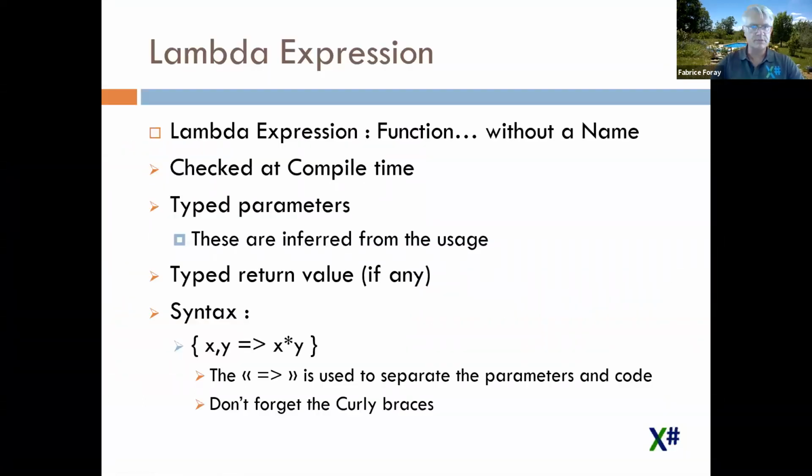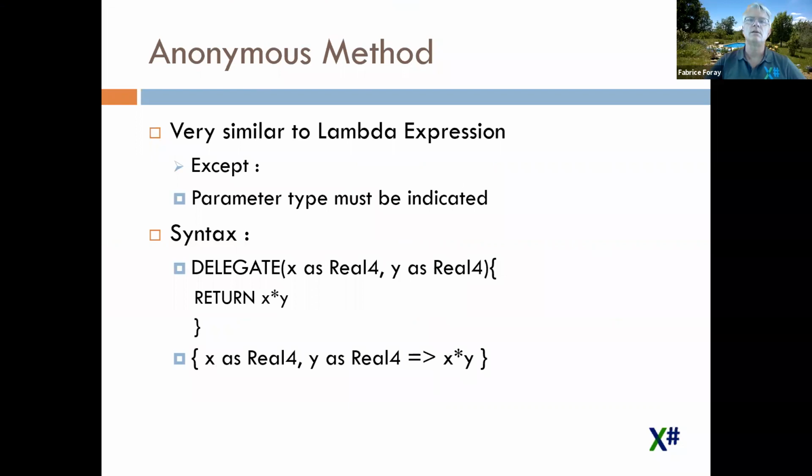Maybe we could go for a short sample, but maybe I'm too early in my sample. If I go back to my presentation, I also have something with anonymous methods. It looks like a Lambda expression, except that you have to specify the type, and you write the delegate keyword with the different types between the parentheses. We again find the curly braces for the opening and the closing. You can also write the same thing, and this is where it really looks like a Lambda expression, where you remove the delegate keyword and place everything inside the curly braces.